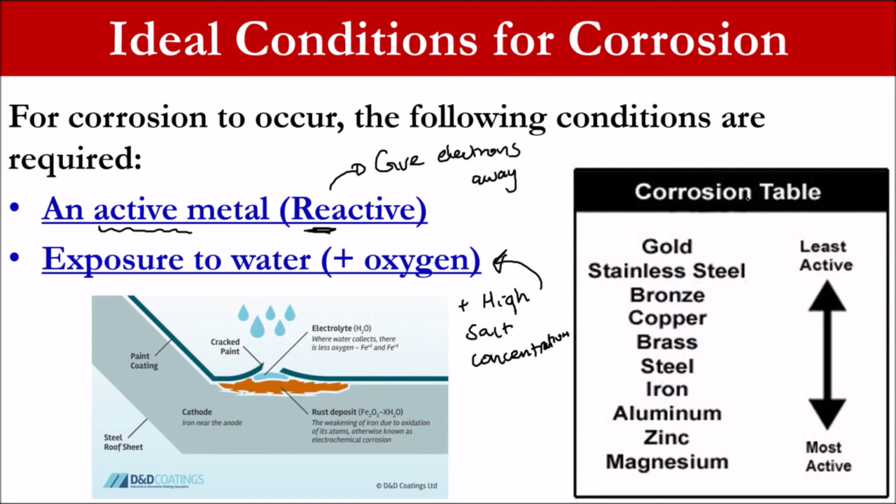If you actually look at the corrosion table, it gives you a nice idea of particular metals that will corrode and metals that won't be as corrosive. So magnesium is very active. It is going to be very corrosive, or it will be easily corroded, so to say. Zinc is also more corrosive than aluminium.